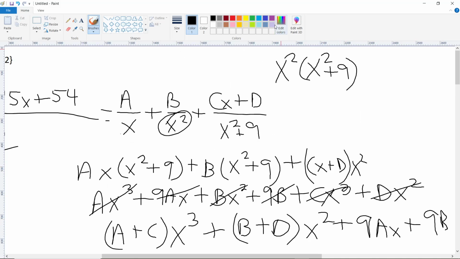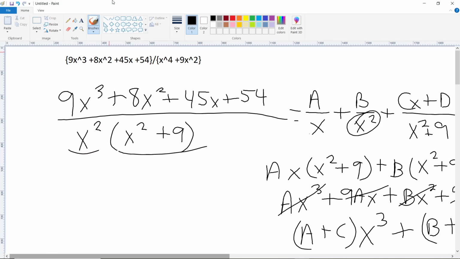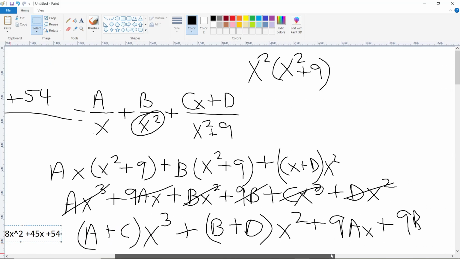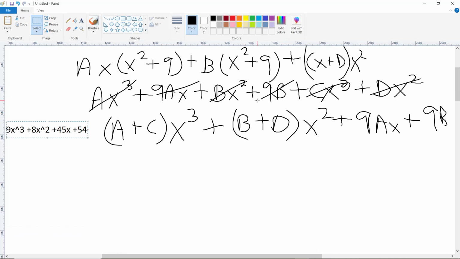Let me pull down the original expression so that I can compare coefficients. It is this one. I'll put it here so I can see it. So now I'll make this system of equations. A plus C has to equal 9, the coefficient in front of x cubed.